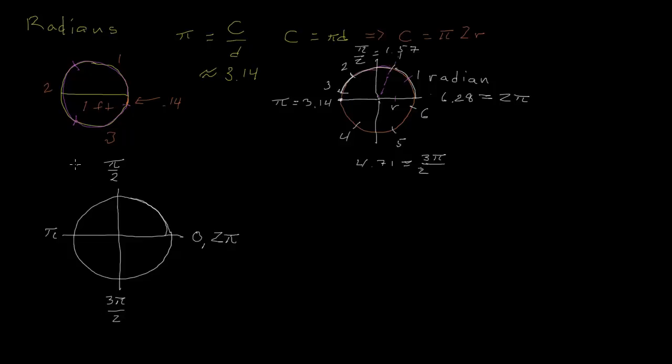Let's put on here our degrees: 180, 270, and let's also put our approximations: 1.57, 3.14, this is about 4.71 radians, and this is about 6.28 if we get all the way around. 0 degrees or 360 degrees.